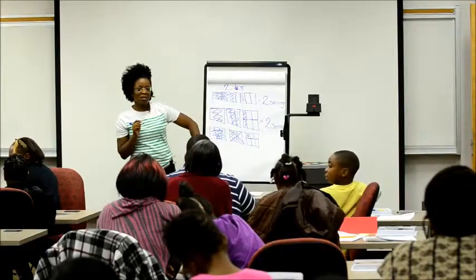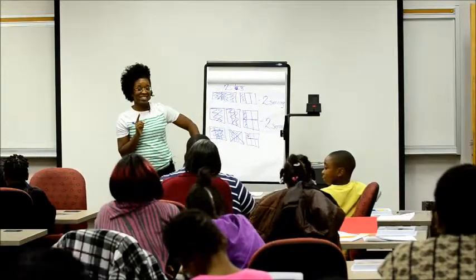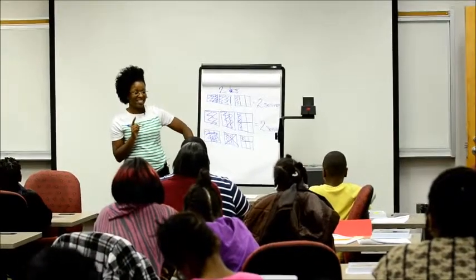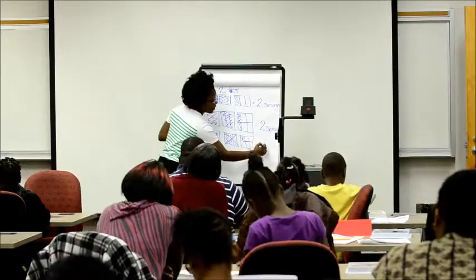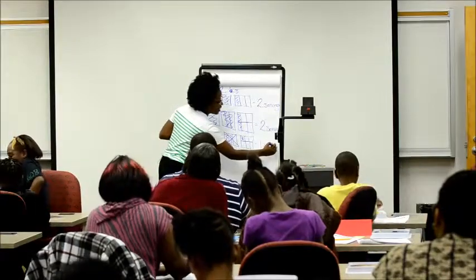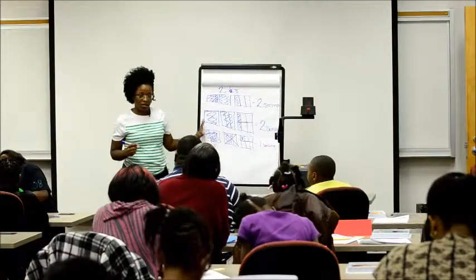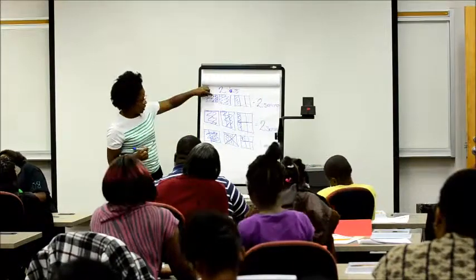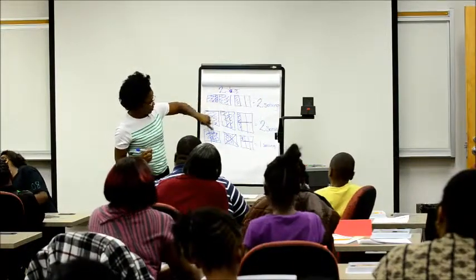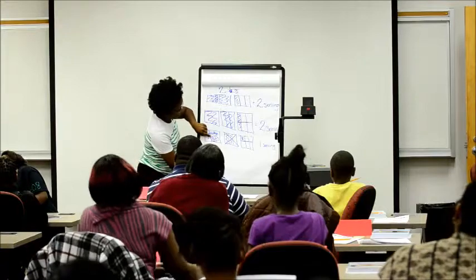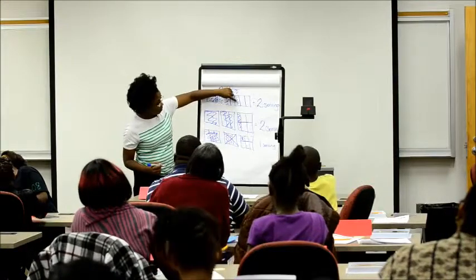Do I need to draw it again? Explain it again? So how much is it all together? Let's see, 1, 2, 3, 4, 5. You got this.